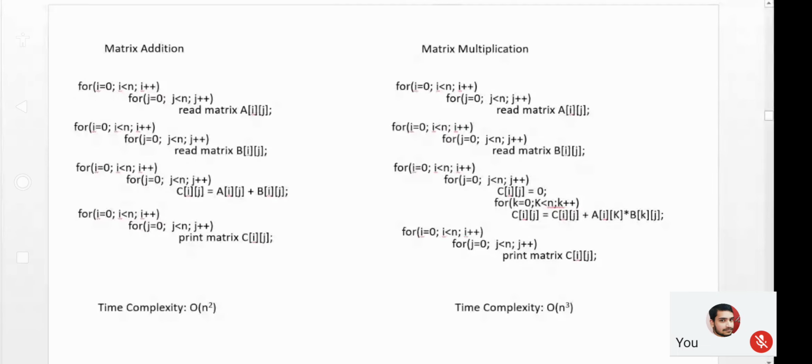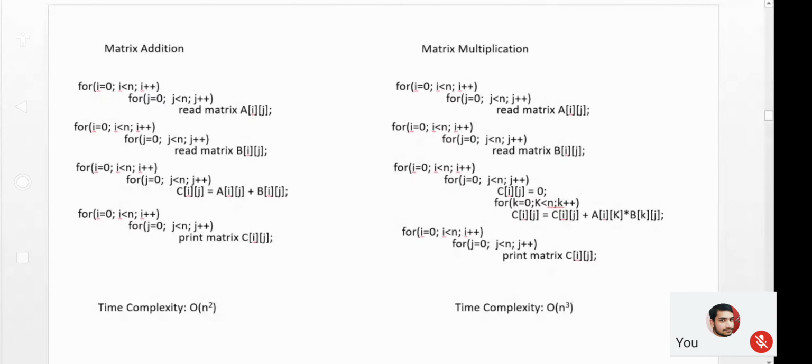So what will be the time complexity? How many times will this statement execute? The statements will execute maximum n by 2 times. Though asymptotically n by 2 and n is the same.